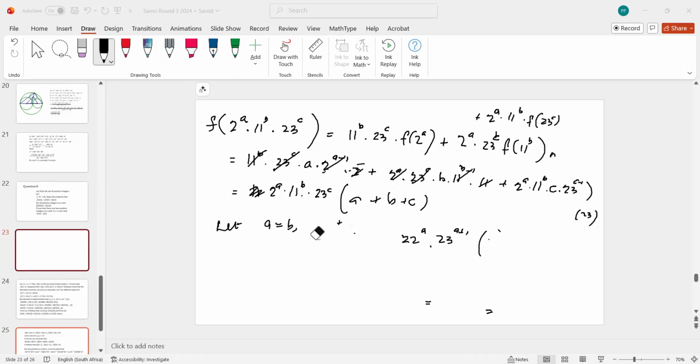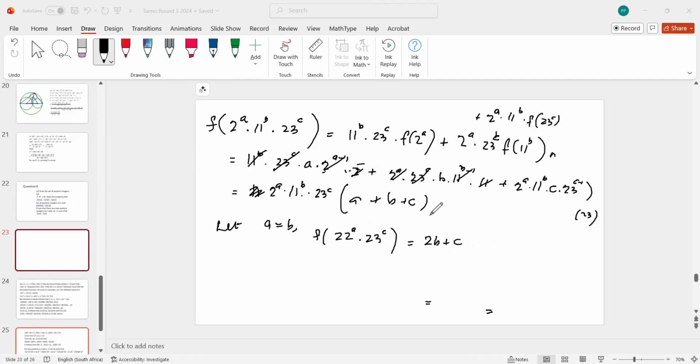Let a equal to b. So then what you have here is f of 22 to the a times 23 to the power of c is equal to 2b plus c, right?